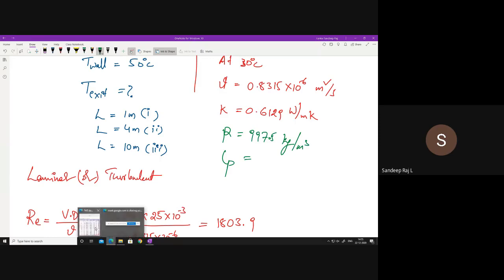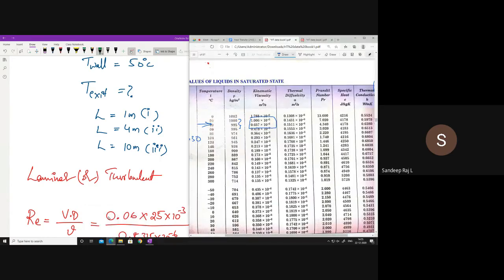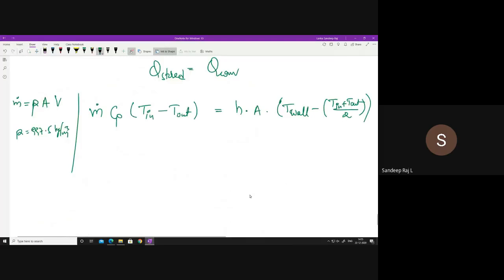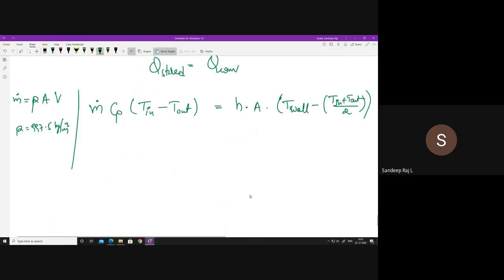Cp value also you get from the data book. Here it is 4178 and 4178, so it won't vary. It is 4178 only for 30 also, joule per kg Kelvin. So you have rho, Cp, everything with you.